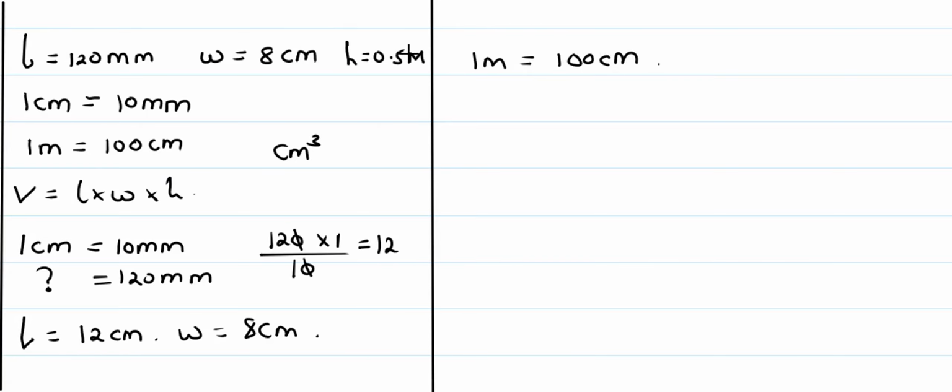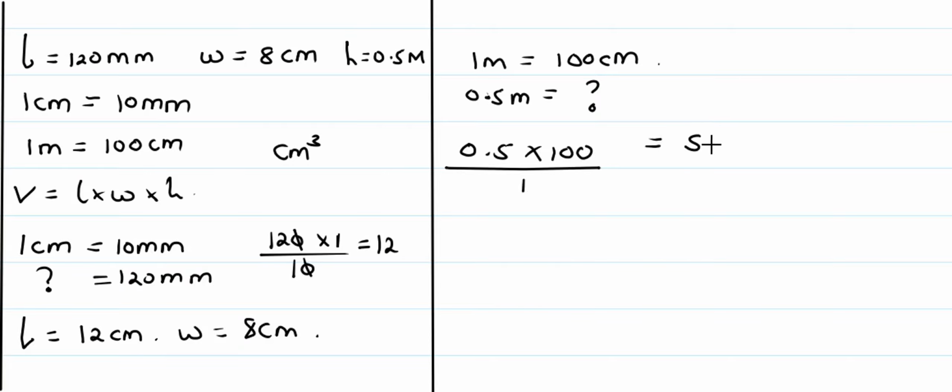And then 0.5 meters is equivalent to how many centimeters? As usual, we cross multiply. We take this 0.5, multiply by this 100 centimeters, and then divide by this 1. So 0.5 multiplied by 100 will be 50. So now the height becomes 50 centimeters.